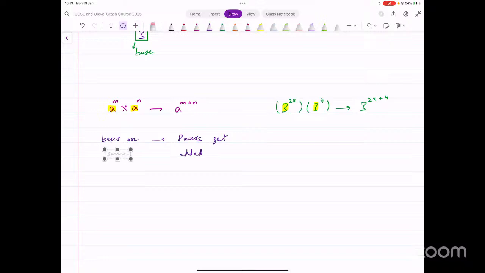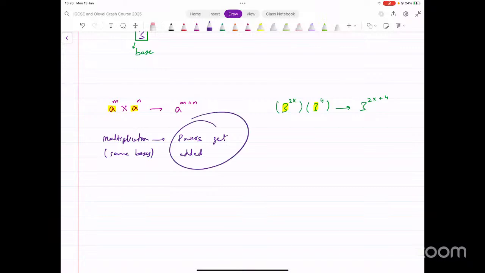And what's the operation that's applying? Let me actually write it like this. So you've got multiplication that is happening here, and you've got same bases. You've got multiplication, bases are the same. If the bases are the same, then powers are added.